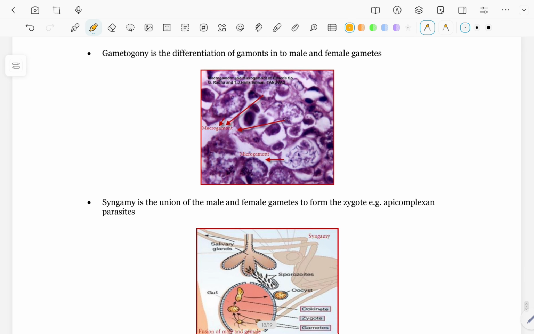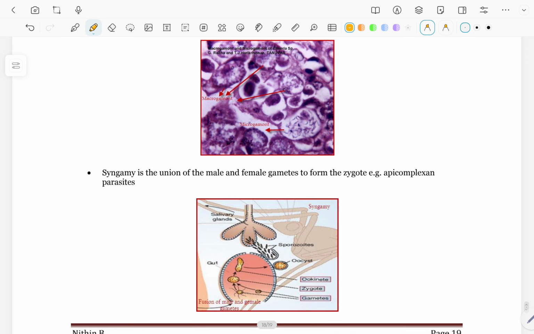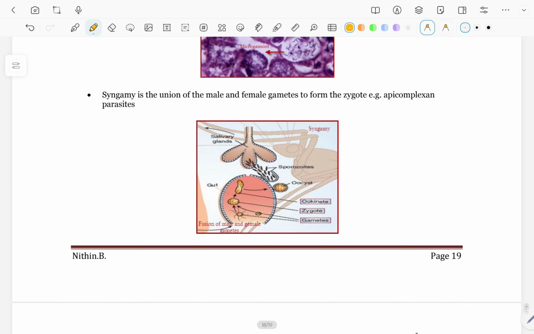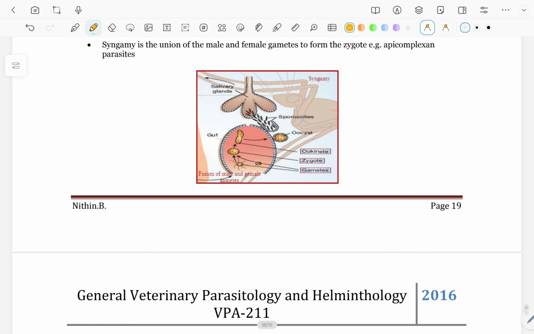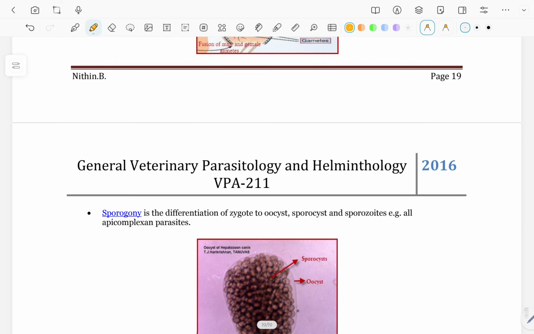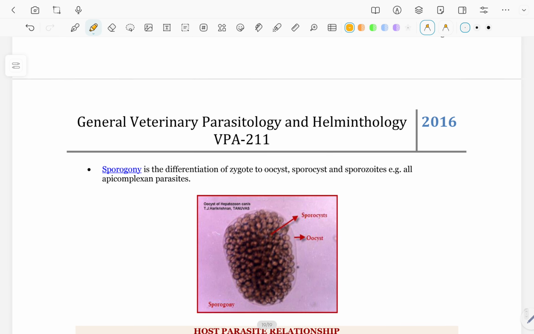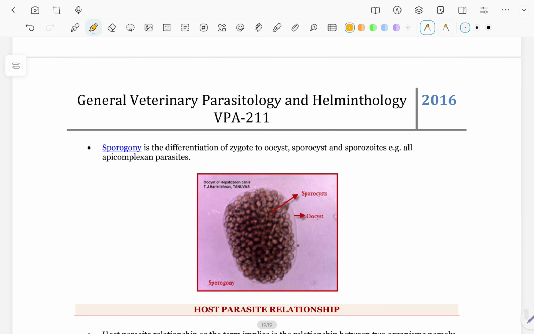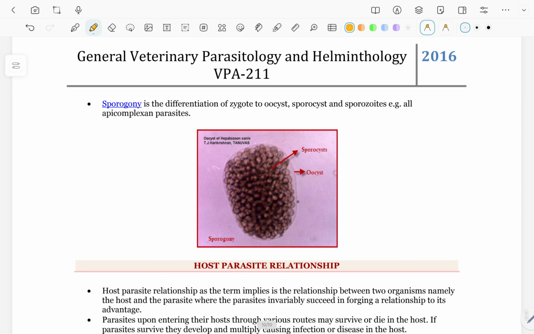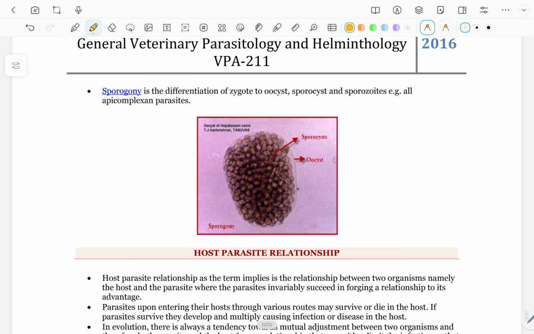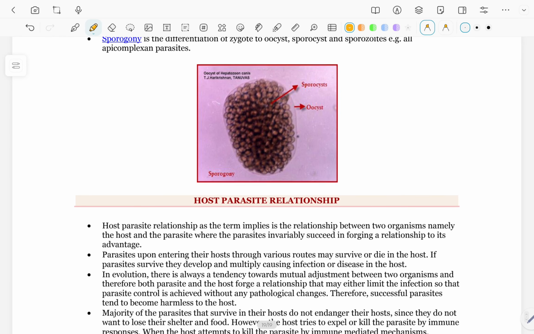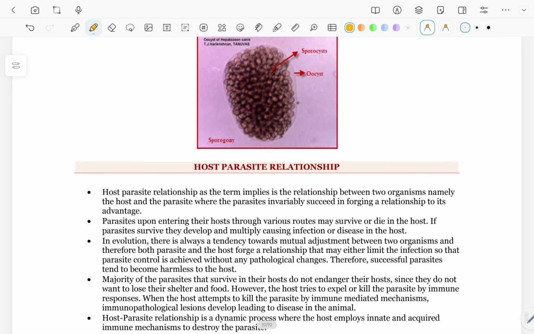Syngamy is the union of the male and female gametes to form the zygote. Example: apicomplexan parasites. Sporogony is the differentiation of the zygote to oocyst, sporocyst and sporozoite. Examples are apicomplexan parasites.